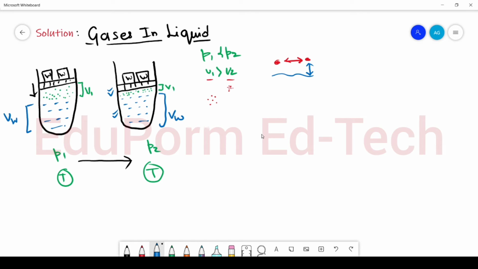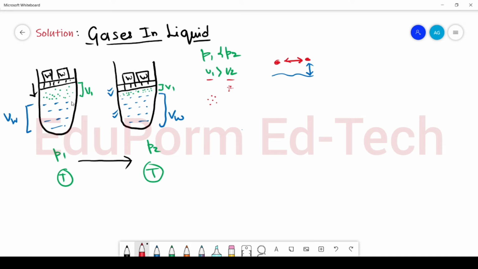So we can say that solubility of gas increases with increase in pressure and with decrease in volume, as we can state it: the solubility of a gas in a liquid is directly proportional to the partial pressure of gas present above the surface of liquid.